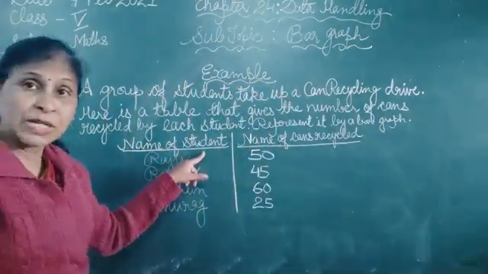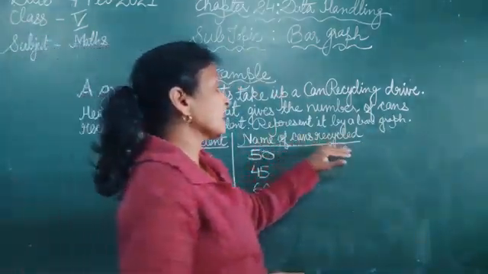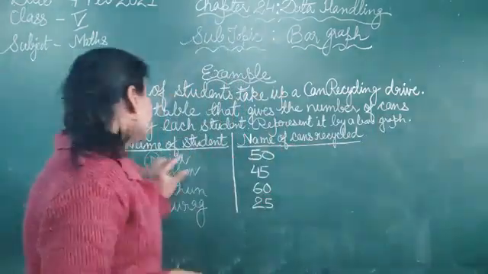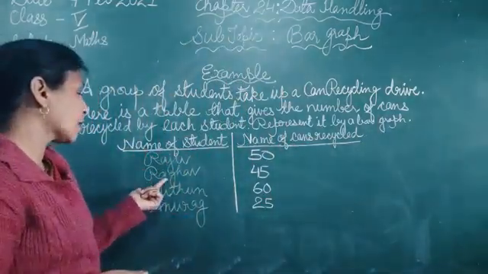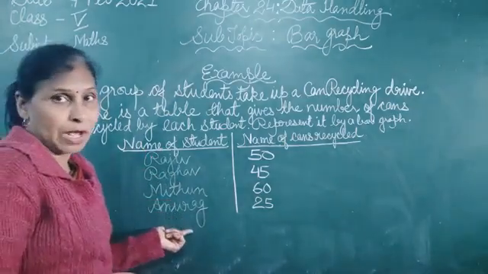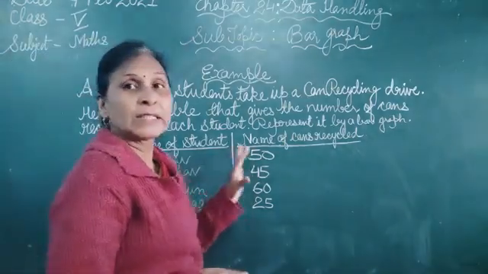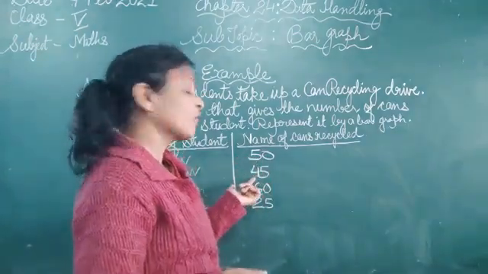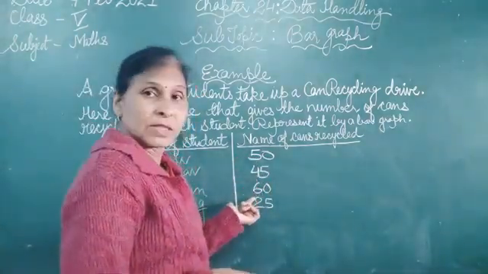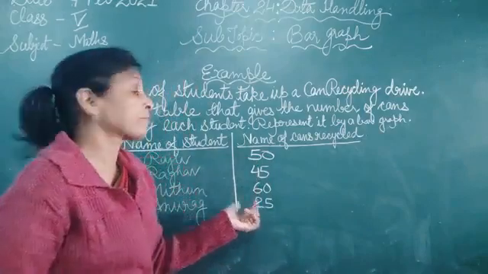Name of the student and number of cans recycled. Here the names of the students are given, that is Rajiv, Raghav, Mithun and Anurag. And the number of cans recycled is given, that is 50, 45, 60 and 25.